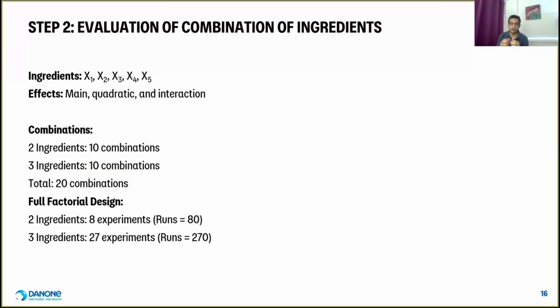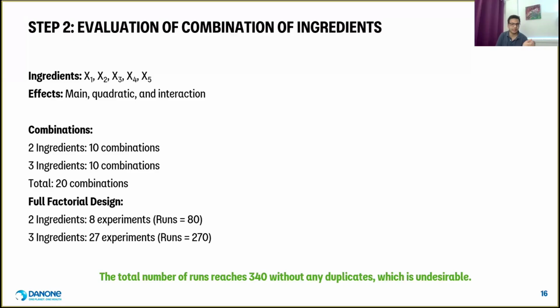And if we now want to do a full factorial design for main, quadratic and interaction effects, that will result in 330 different runs. And once again, that is already too much. And then we have our individual components, and it results in a total of 340 duplicates, which, again, we don't want to do that many experiments.